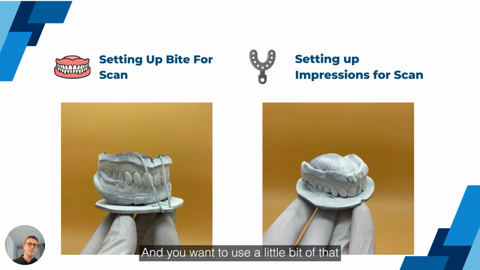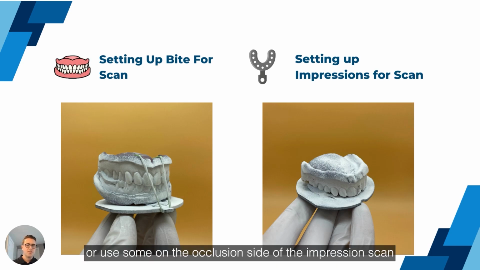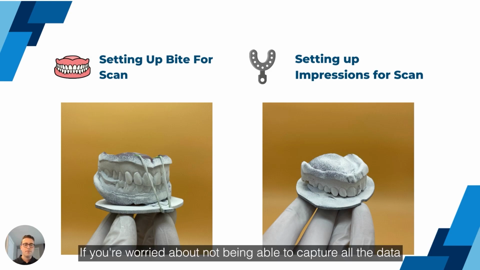And you want to use a little bit of that blue putty as well that comes with your scanner. Use a little bit of the blue putty down on the intaglio of the bite, or use some on the occlusion side of the impression scan. And spray it up with scan spray liberally if you're worried about not being able to capture all the data.